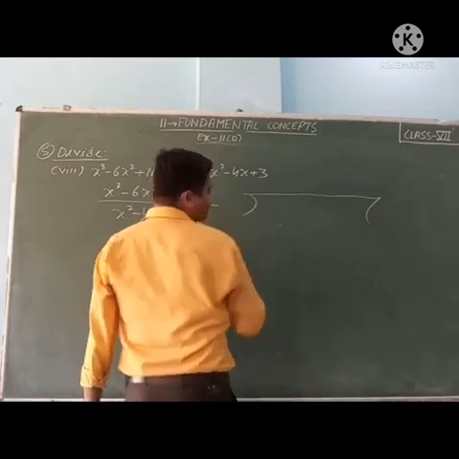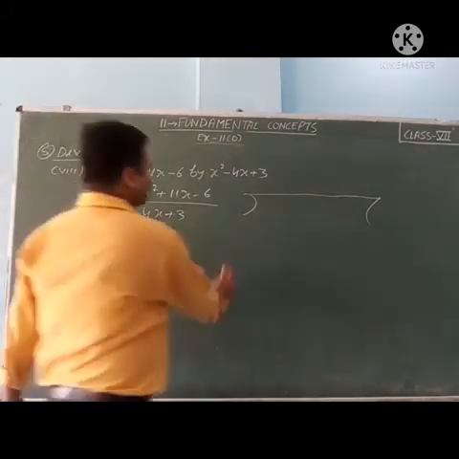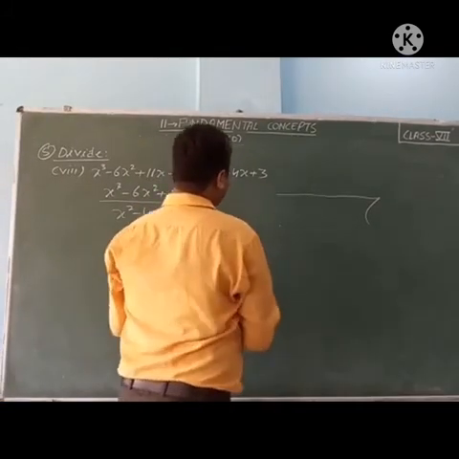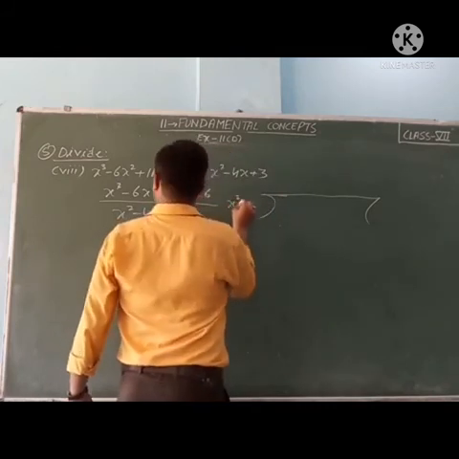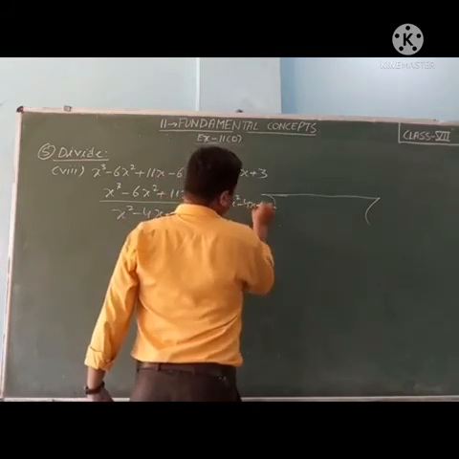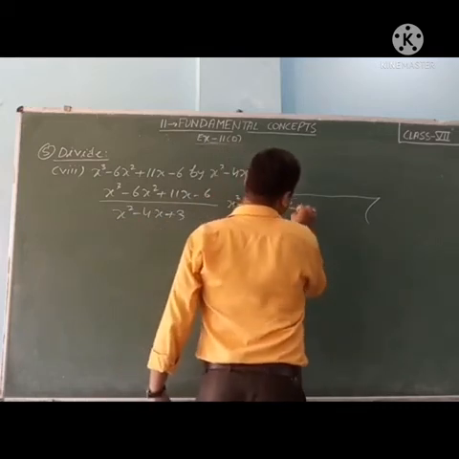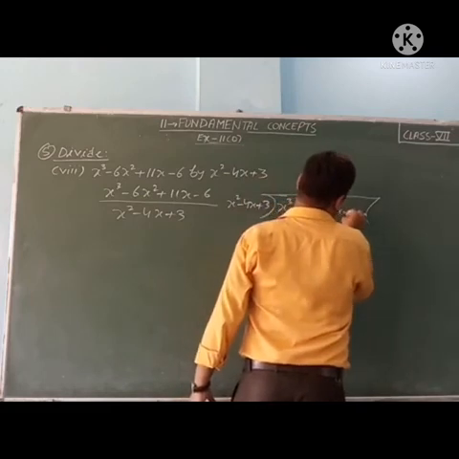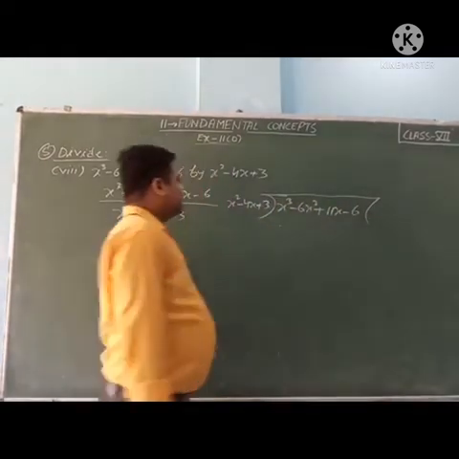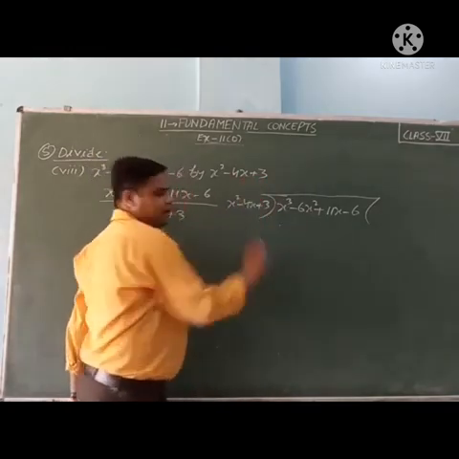If no space is here, then we can divide. So x square minus 4x plus 3, then x cube minus 6x square plus 11x minus 6. So same as this, by which number or term we will multiply x square, that will become x cube.